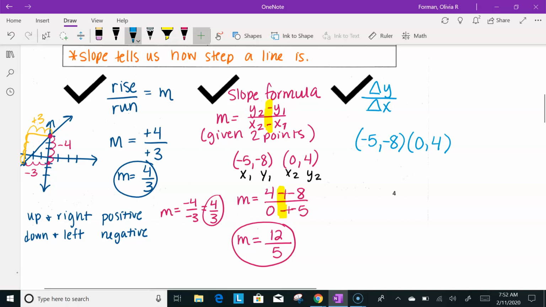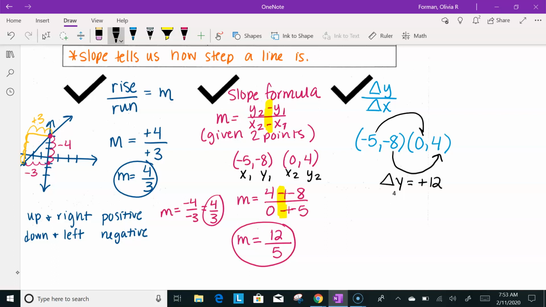What I'm going to do is kind of draw an arrow. So I'm going to think to go from -8 to 4. This is my change in y. How is it changing? Well, to go from a -8 to a +4, I have to add a 12. So -8 plus 12 gives me 4. That's my change in y.